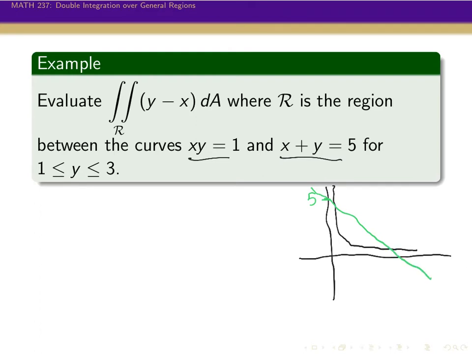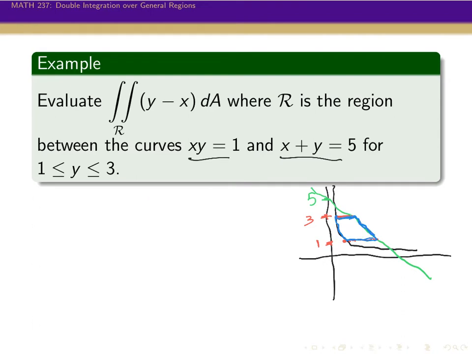And so then we're doing this for the y values starting at 1. And so that'd be kind of going across there up to 3, going across there. So this is our region.